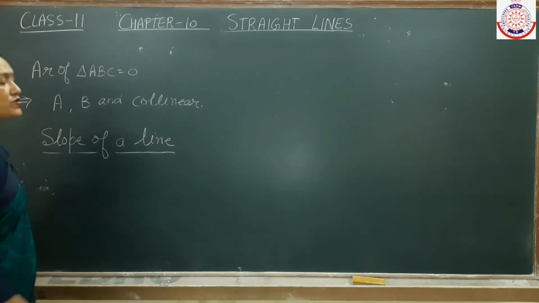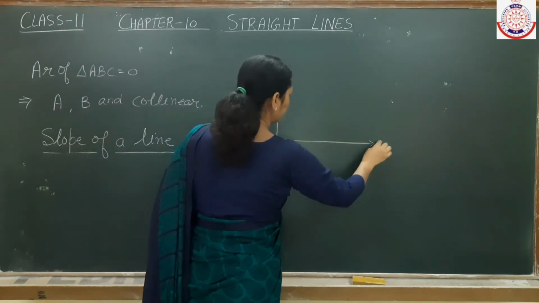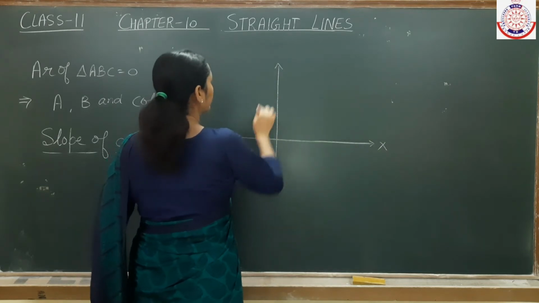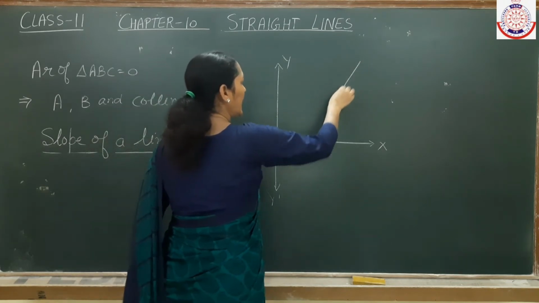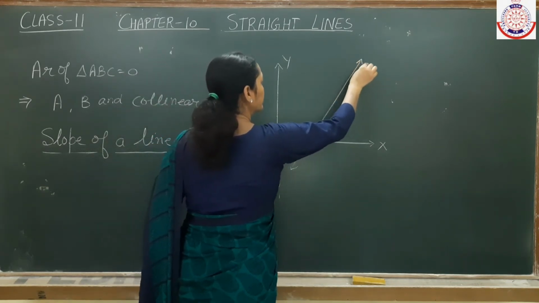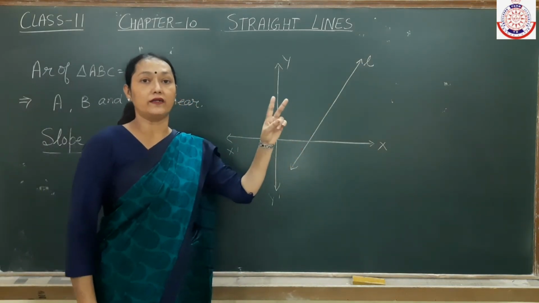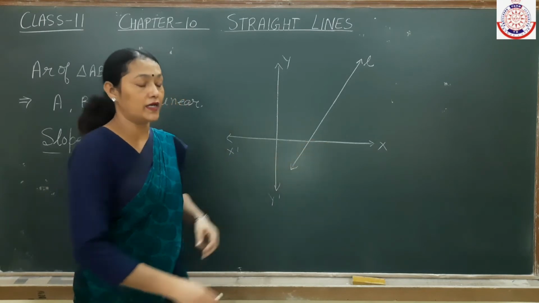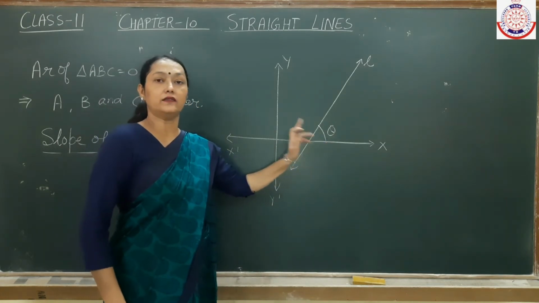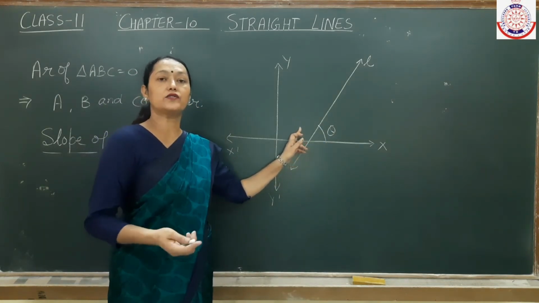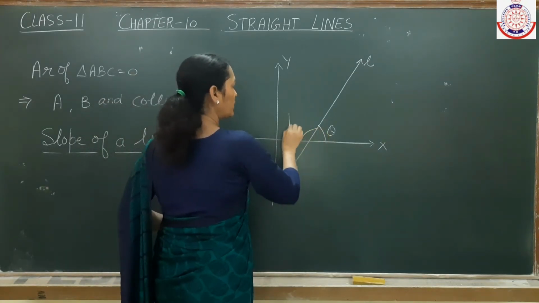Suppose we have drawn x-axis and y-axis. Here a line L is drawn. In this case, the line will be forming two angles with x-axis. One is theta, and if this is theta, the other one will be its supplementary angle, because the two angles formed on a straight line add up to 180.